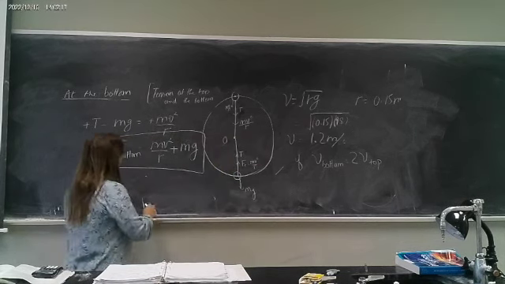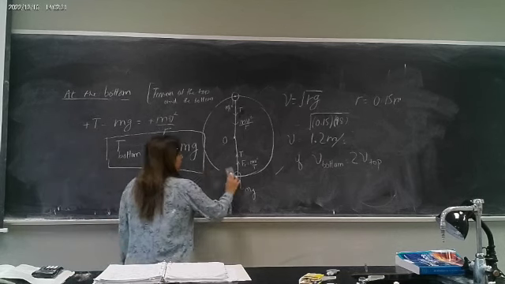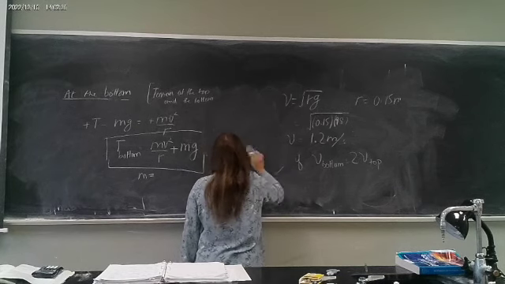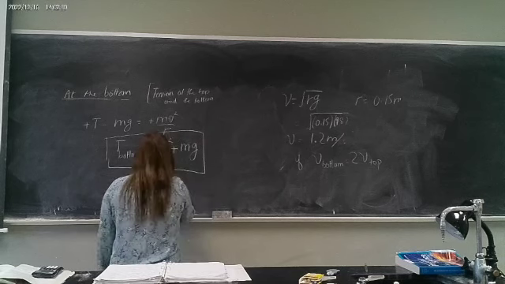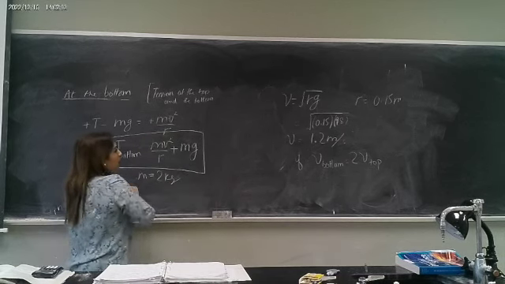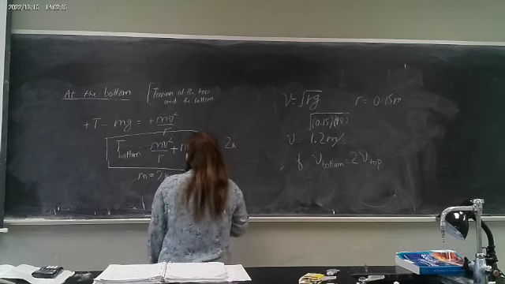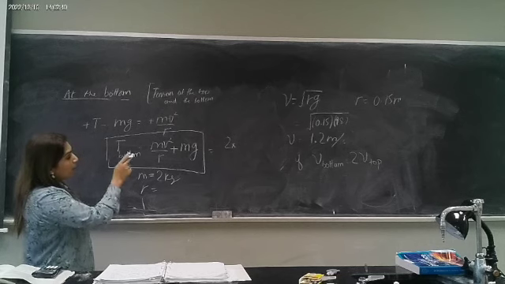Let's make this m equal to 2 kg, and you can plug this here, and the radius of the path, that's another piece of data that we will need, and we already have it.